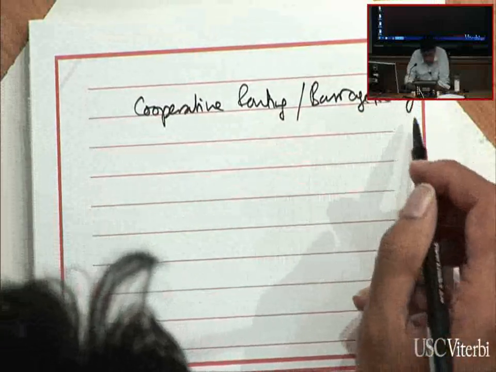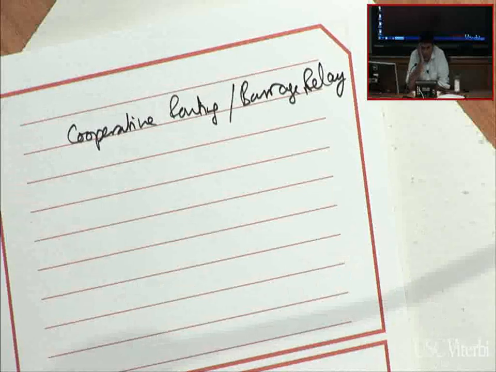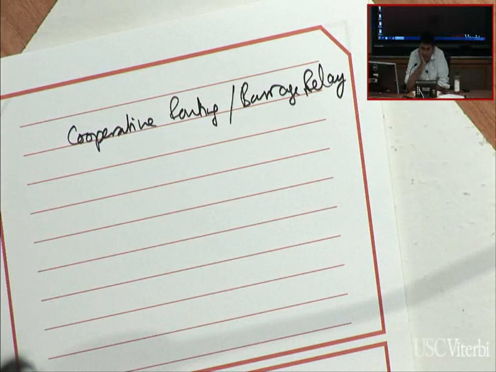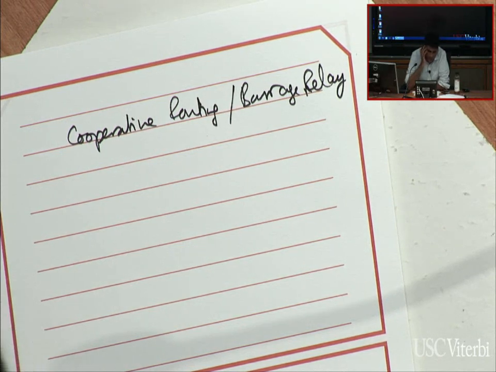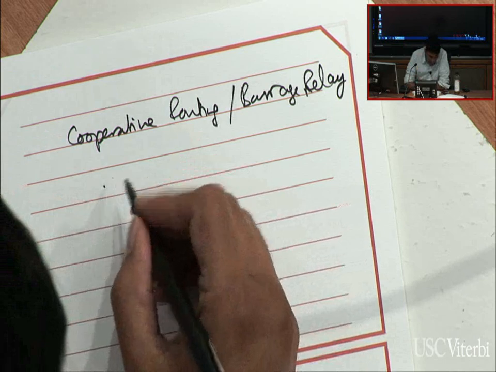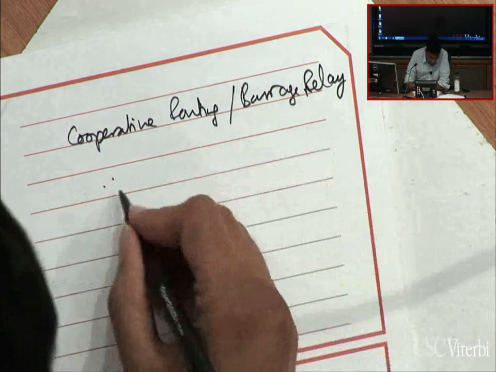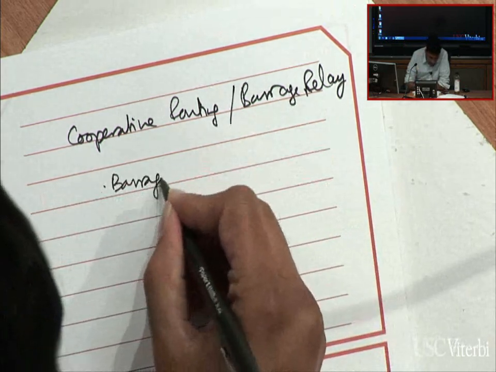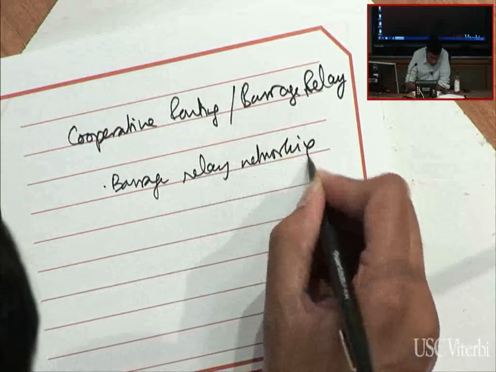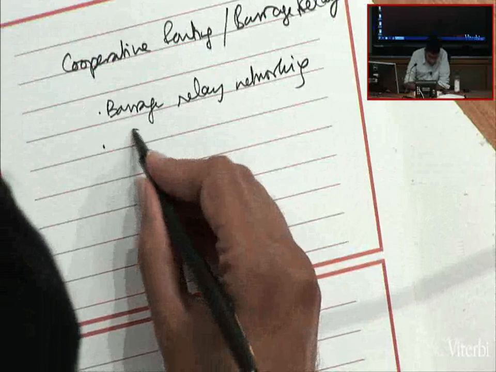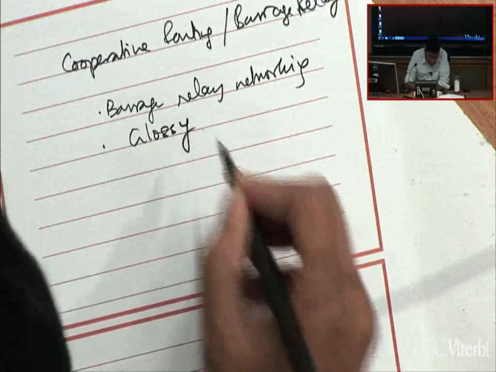And there were sort of different people who came up with routing protocols based on these ideas and gave them different names. So for example, there's a protocol out there that goes by the name of barrage relay networking. And in the sensor networks community, there's a protocol called Glossy.